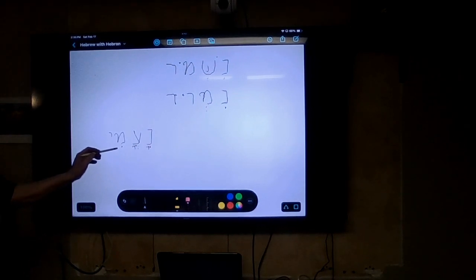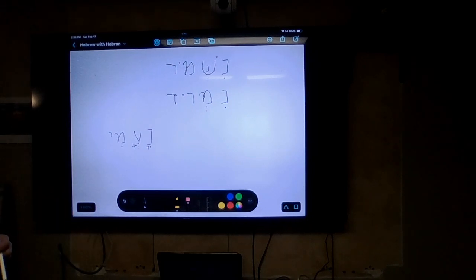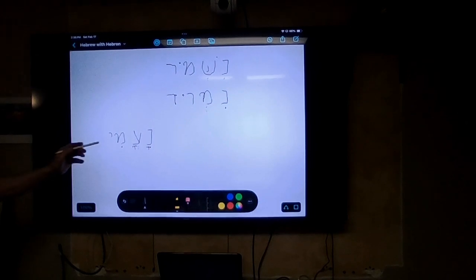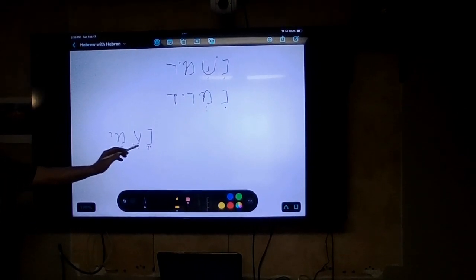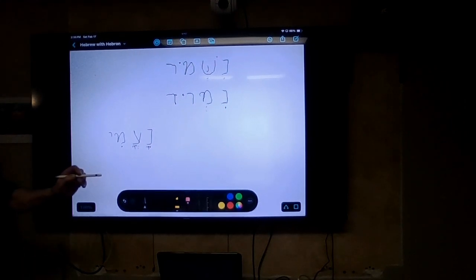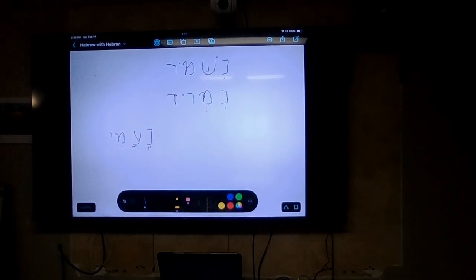Regardless of whether it's in a closed syllable or not. In this case, the accent is on the ni. And same with Orpah, the accent is on the pa.